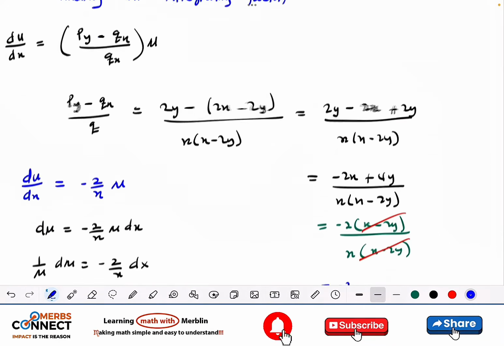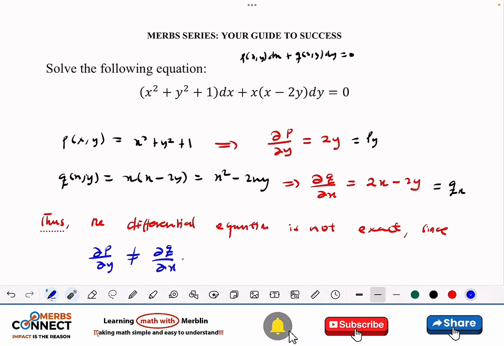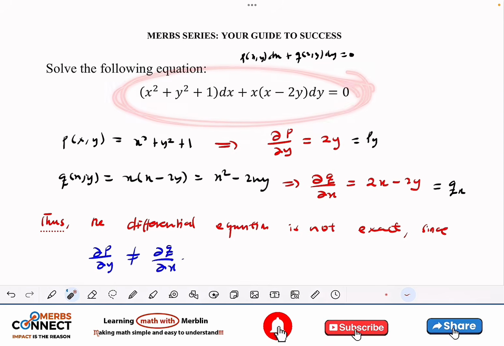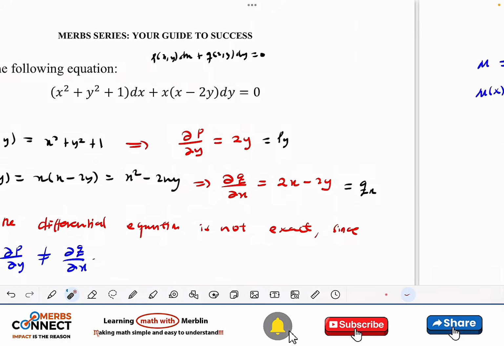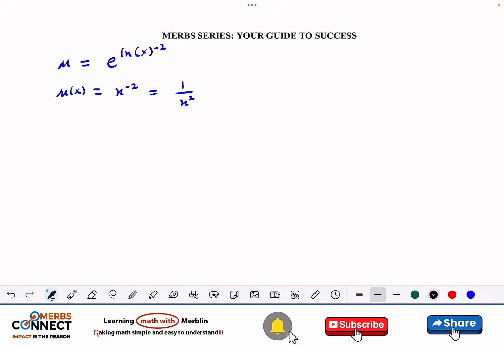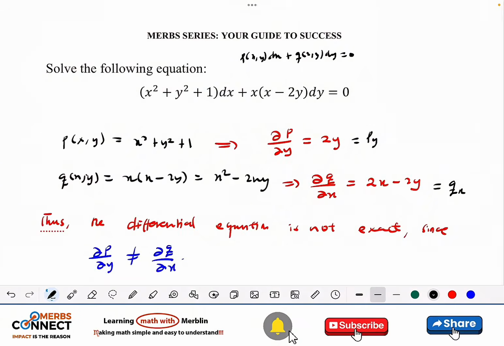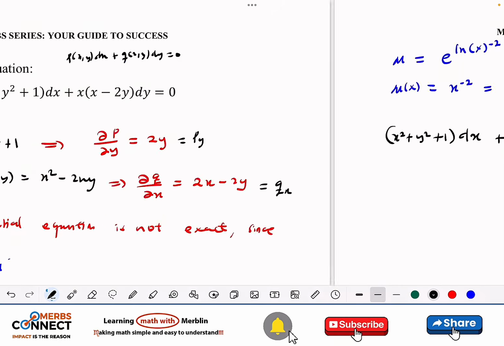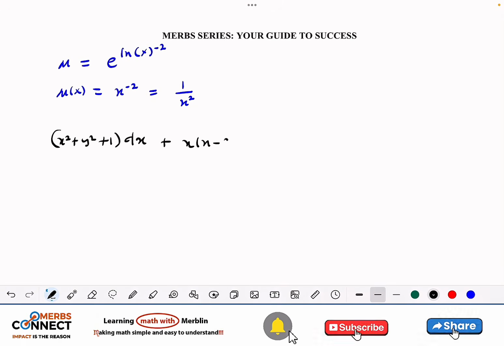So now that we've gotten the integrating factor, we need to multiply the integrating factor through this before we can check it out. So now we have (x squared plus y squared plus 1) dx plus (x minus 2y) dy is equal to 0. So now let's multiply through by the integrating factor.